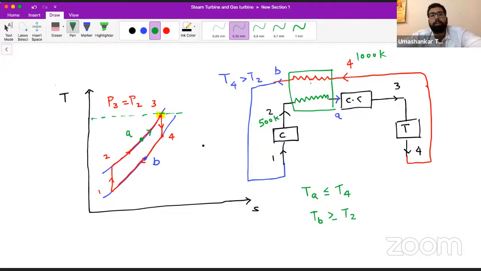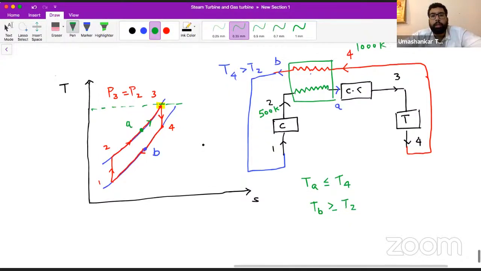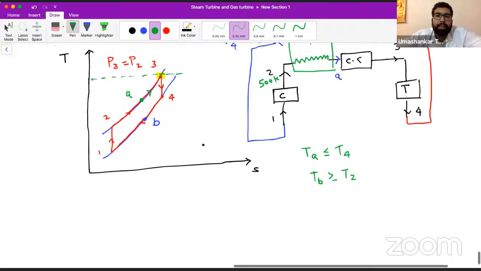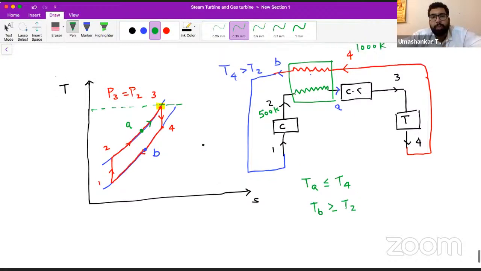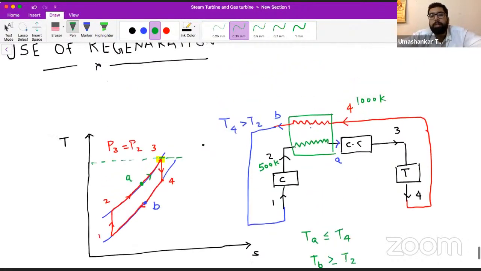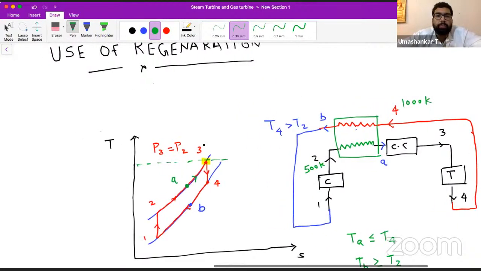So for given T3, if we apply the regeneration, the amount of heat addition in the combustion chamber will be reduced. Heat addition reduced means input reduced, so somehow efficiency can be increased. Whether it is increasing or not, we cannot comment like this.